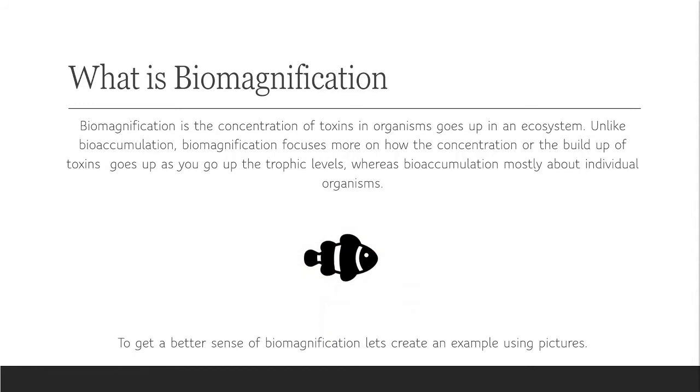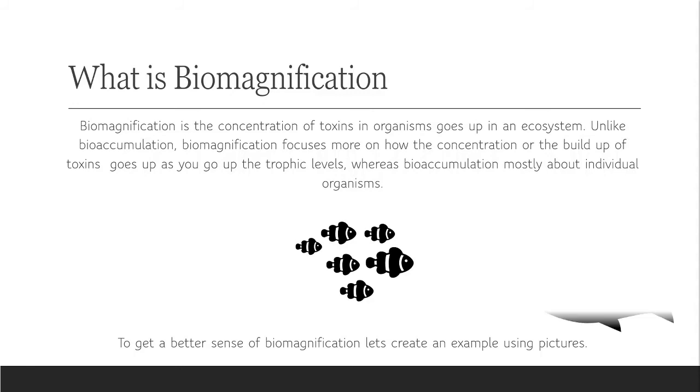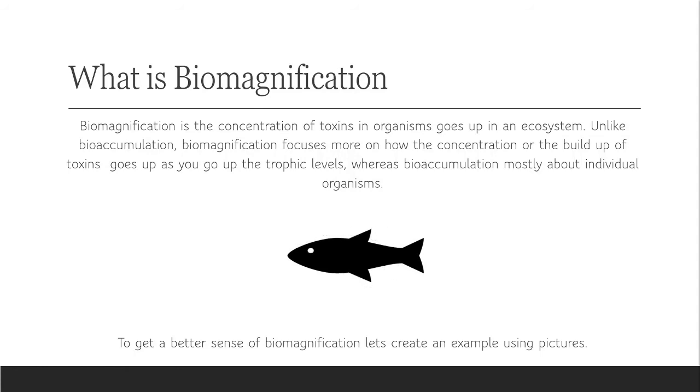And then all of the toxins inside those shrimp, inside those phytoplankton, have all been concentrated inside this one fish. Now, imagine that there are multiple of these fishes. Now, when the apex predator comes along, or another trophic level fish comes along, that fish is now going to have an even bigger concentration of those toxins.